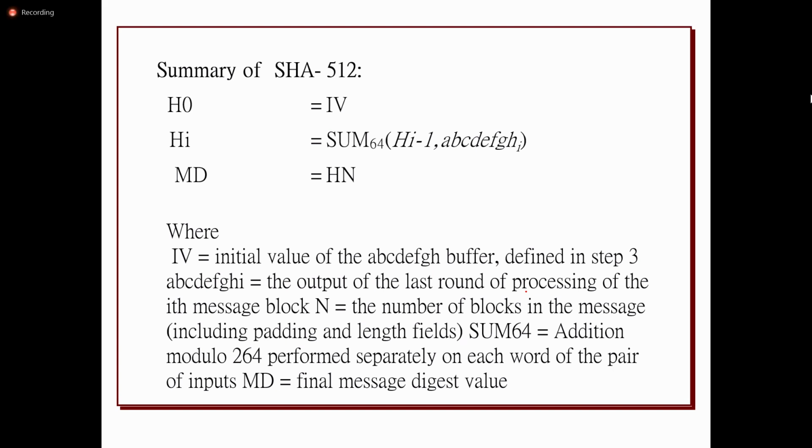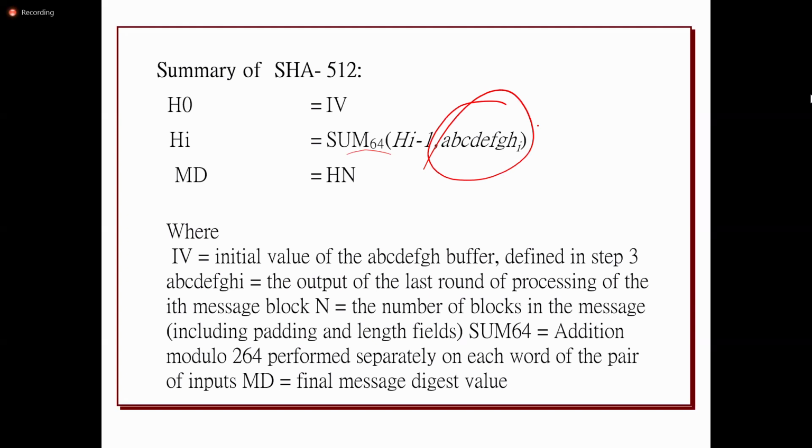For a given round, in order to get the buffer values, it is going to perform the sum operation with all buffers, where the size of each buffer is 64 bits. It is going to perform the sum of the buffer along with the output of the previous round.